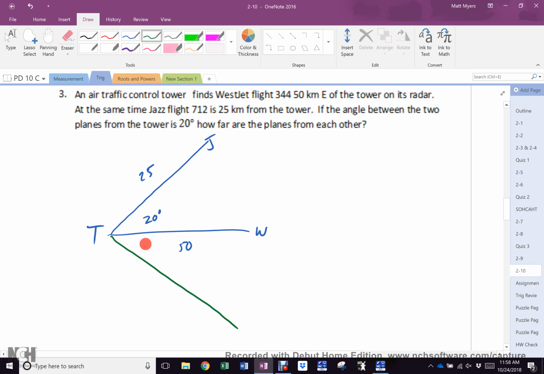Could I draw this with 25? Does it matter which one I draw? Of course not. I'm going to use the blue one because I like having space down here. And I need this distance, yes? Sine or cosine law? And don't say cosine law because we're practicing that right now. Why is it cosine law?